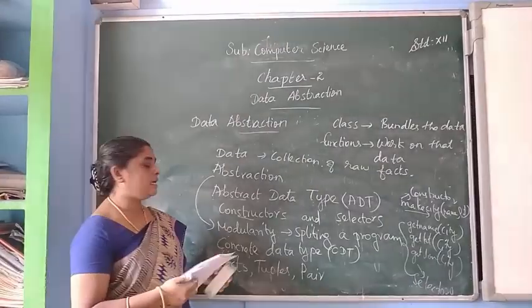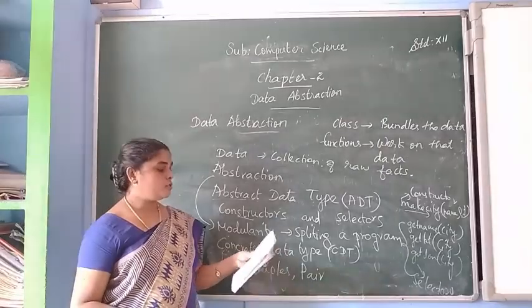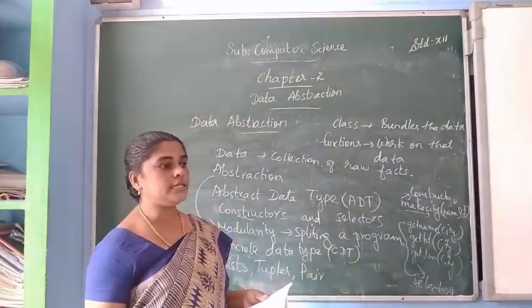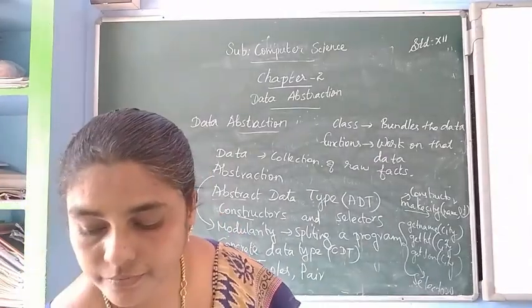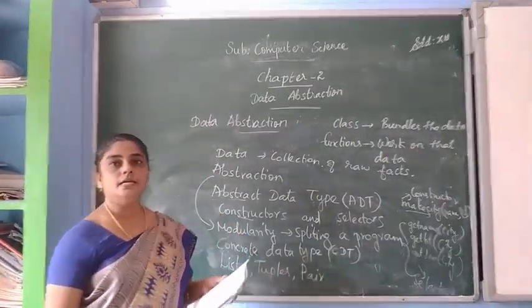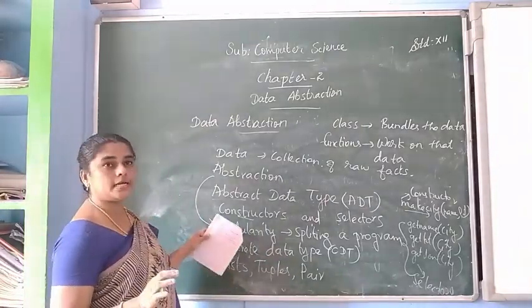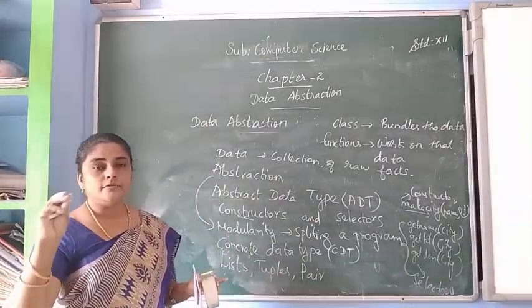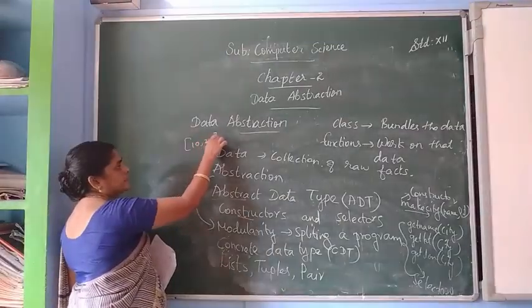Then next we studied about list and tuples. So what is list and what is tuple? A list is constructed by placing expressions within square brackets separated by commas. For example, for list, 10, 20.